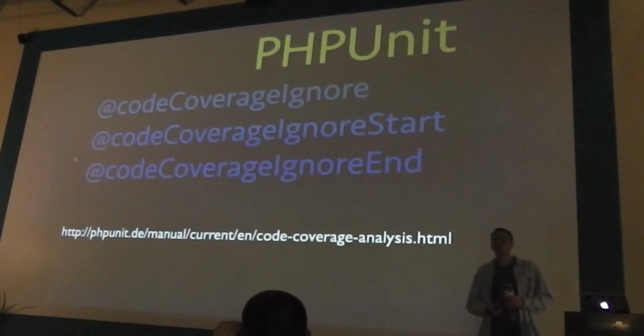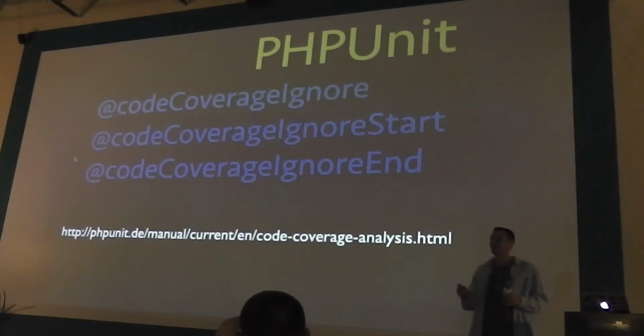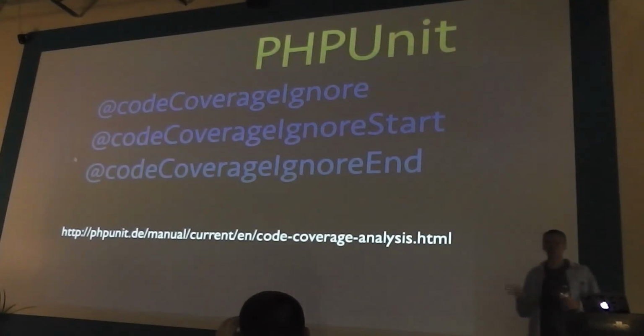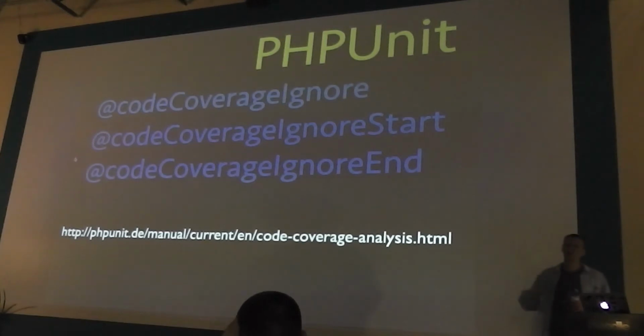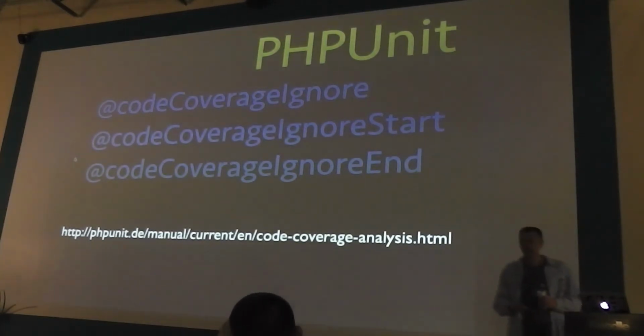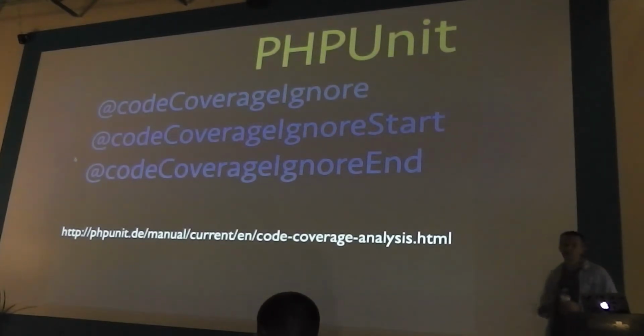You can tell PHPUnit, don't worry about code coverage for that. So the ignore one at the top, you can put at the top of a class or a function or a method, and it will automatically know, okay, we're not going to worry about code coverage analysis for this particular class function. If you want to do it for just very isolated blocks of code, you can use the ignore start and ignore end.